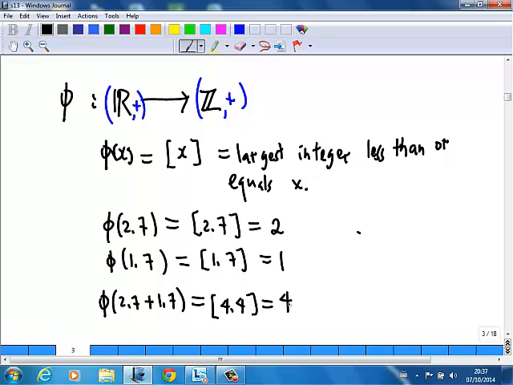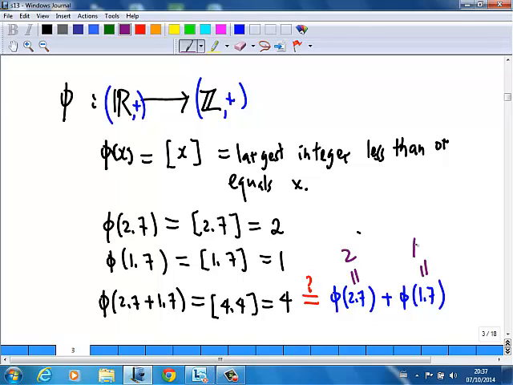Now you ask, is this the same as the image of 2.7, which we know is 2, plus the image of 1.7? No, right? Because the first number is 2, the second number is 1.